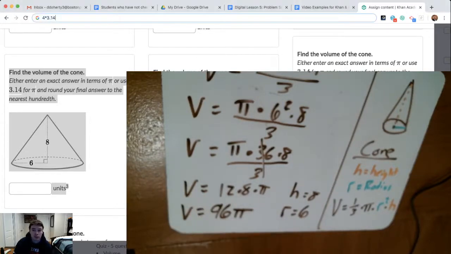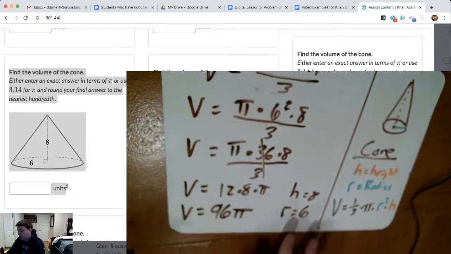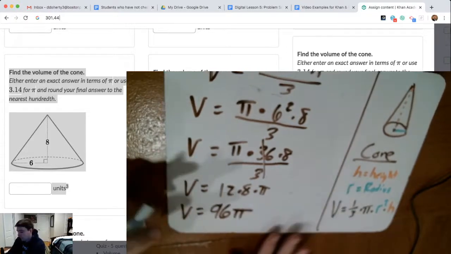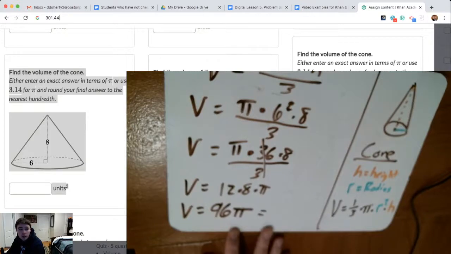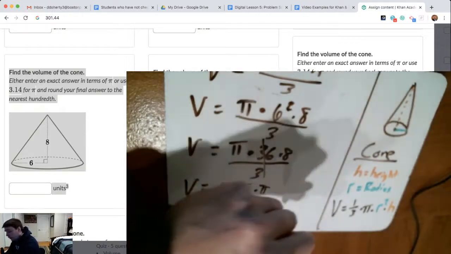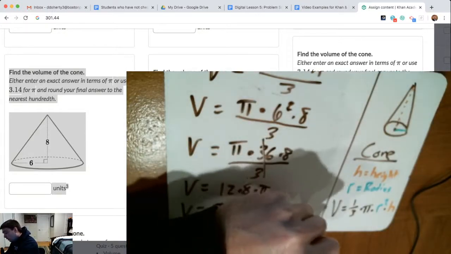I'll show you on my calculator up here in the toolbar. If I did 96 multiplied by 3.14, that would give me an answer of 301.44.